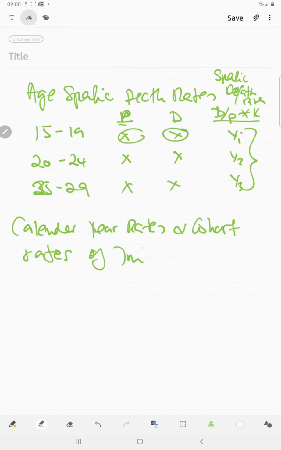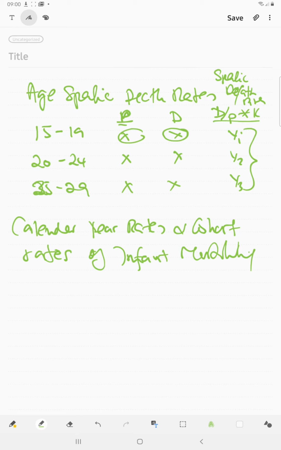Mostly we target the infant mortality. Now on the calendar year of infant mortality, infant mortality, to begin with, is the measure of deaths among children.